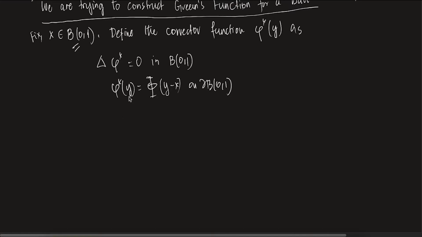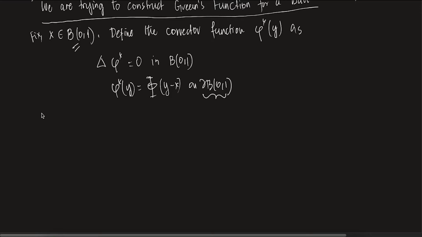Now you see, this is well defined because y here is always on the boundary, and x is in the ball. So y minus x is defined, so Phi of y minus x is defined here. Y cannot be equal to x, and hence it is defined.